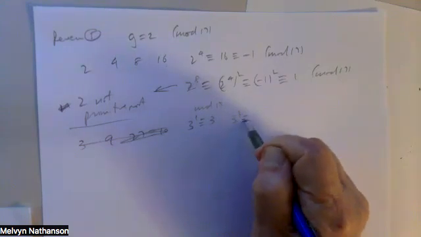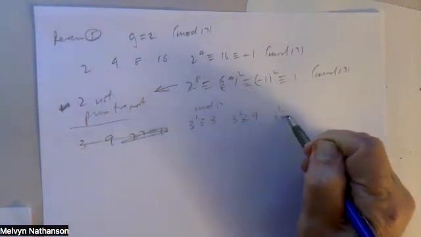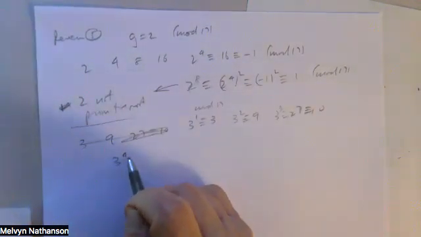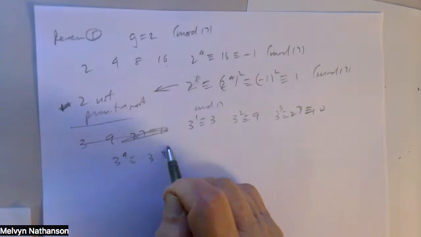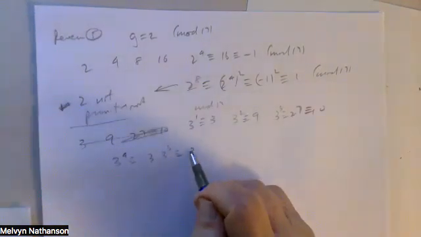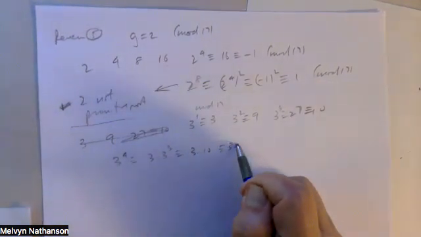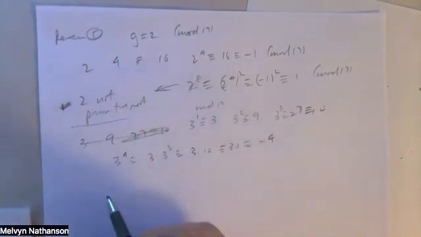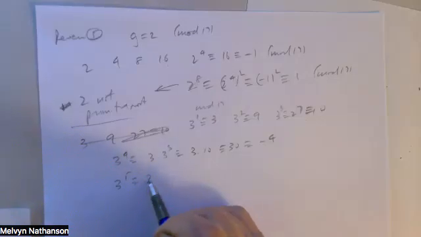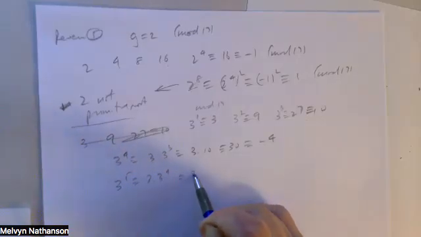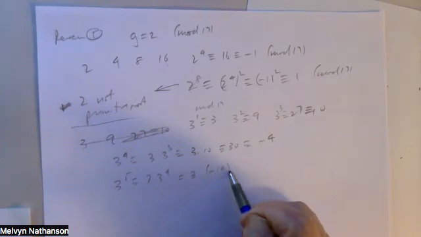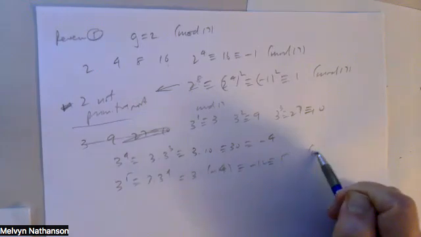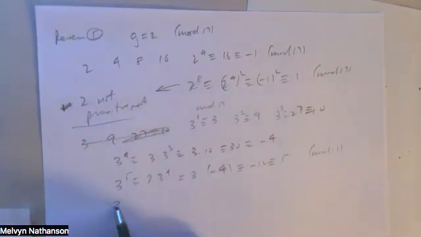So 3 squared is 9. 3 cubed is 27, which is congruent to 10. 3 to the 4th is 3 times 3 cubed, which is 3 times 10, which is 30, which mod 17 is minus 4. 3 to the 5th is 3 times 3 to the 4th. That's 3 times minus 4, which is minus 12, which is congruent to 5 mod 17.